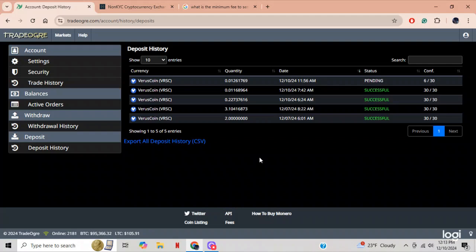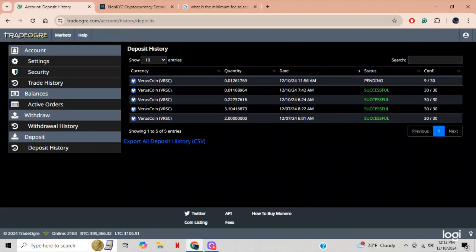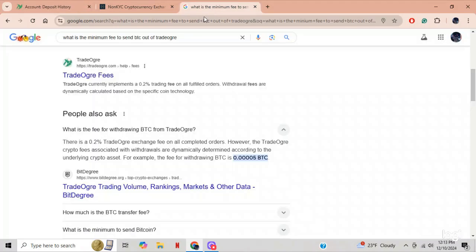Okay guys, I just came back just to take a peek here and see how everything's going. We got 6 confirmations out of 30. Let me just see if I can refresh it here. Now we got 9. But anyways, I just wanted to show everybody something. I found a little tidbit here about TradeOgre.